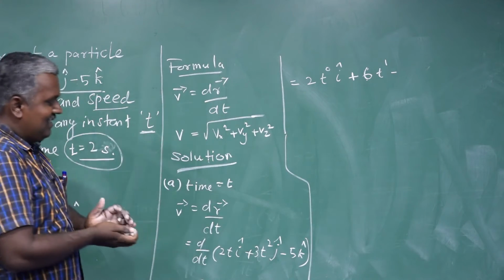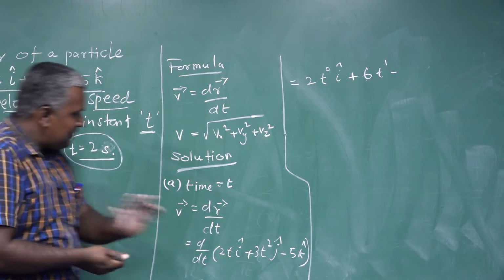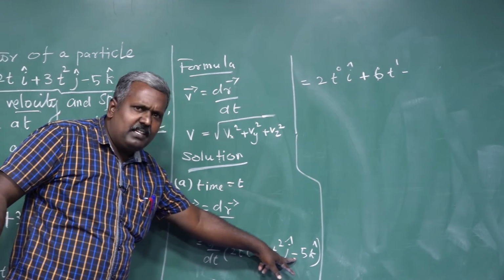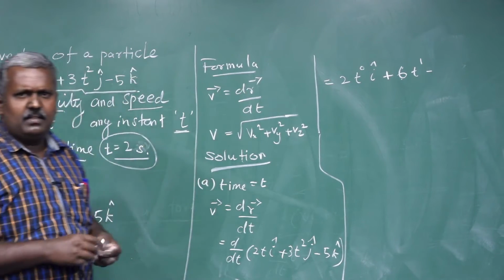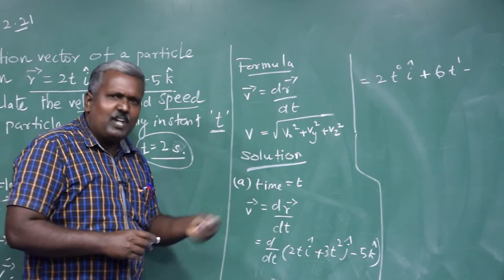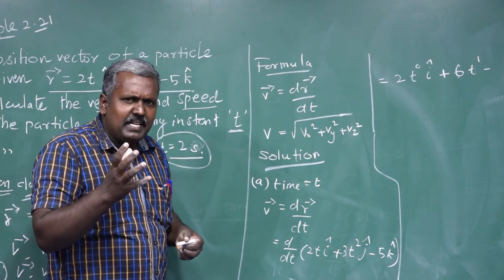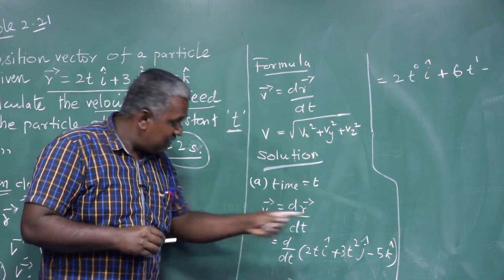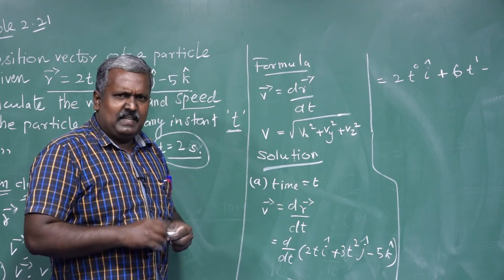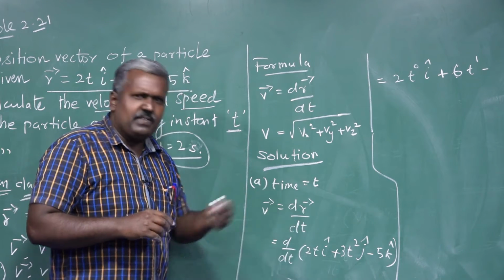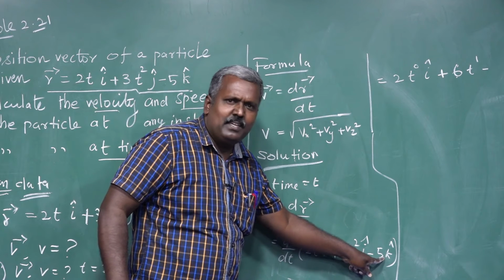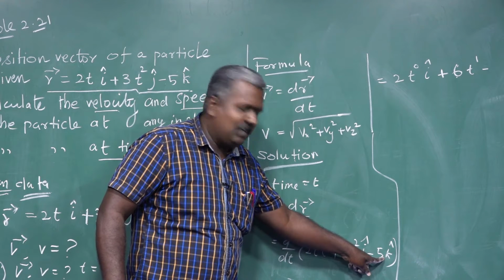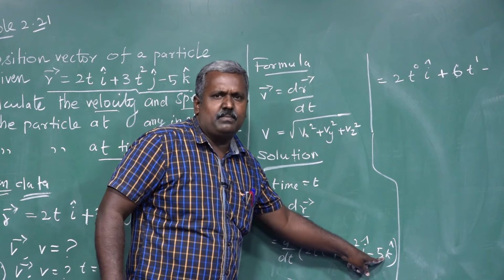What is the meaning of this? In the position vector, it has minus 5 along the z-axis. So it is a constant value along the negative z-axis because of minus 5. It is constant because there is no t, so it is independent of time.